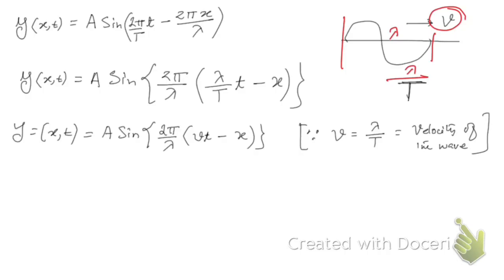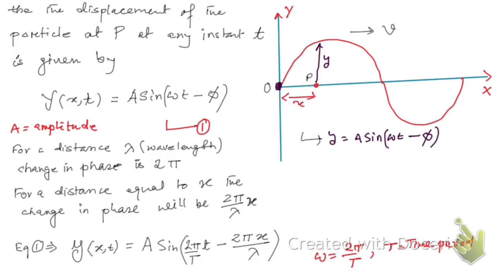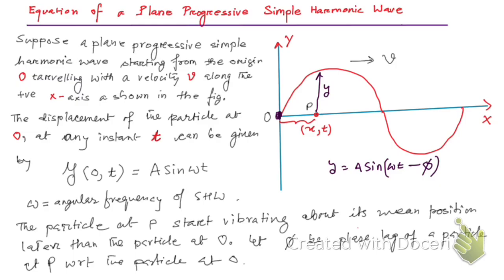So now you see this wave, we had considered initially that this wave is traveling along the positive x direction. If we consider that wave traveling along the negative x direction, then instead of this negative sign we're going to put positive, right? Before we derived this equation, we had already mentioned that this wave is traveling, let me go back to the first slide, with a velocity v along the positive x-axis.